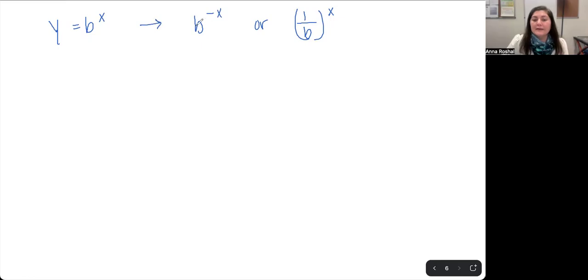And you want to take this and put it into the denominator if it's in the numerator, which is exactly what we're doing here. So let's, for example, say I have 4 to the negative x power. That's the same thing as 1/4 to the x power.